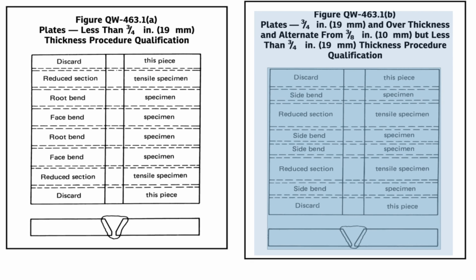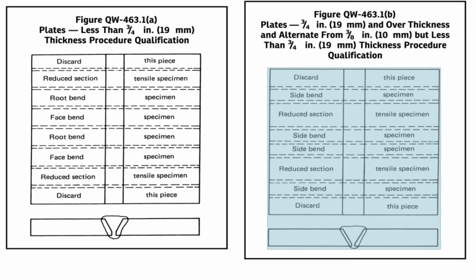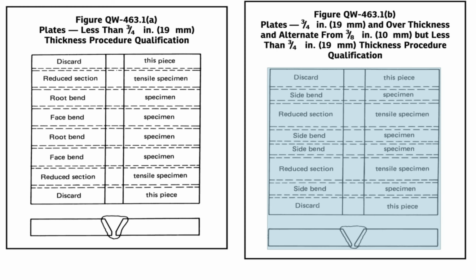First, you are going to discard the ends because there may be some defects at the start and stop point. So you remove some part, discard this, and then you make a reduced section tensile test sample from here, and then root bend, face bend, root bend, face bend, and then another reduced section tensile test, and then discard the ends again.